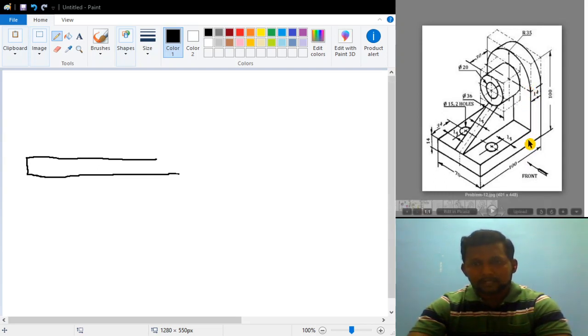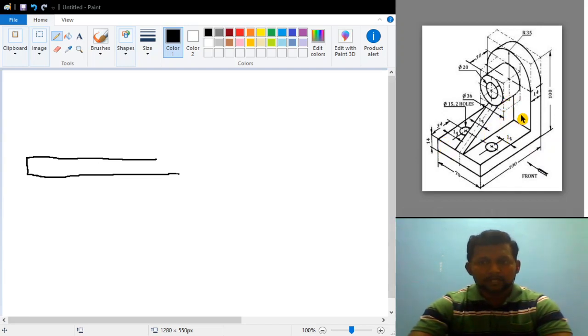Out of that 65, we have already drawn 14 mm, so 65 minus 14 becomes 51. So until a distance of 51, I have to draw this line, and I can draw it like this.